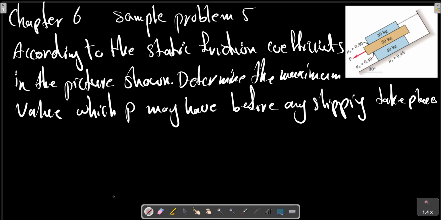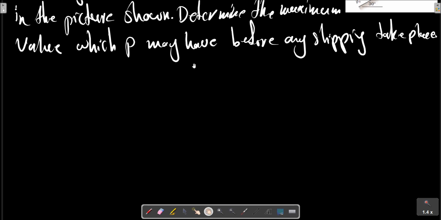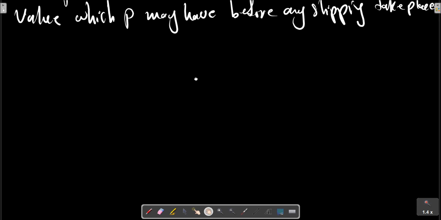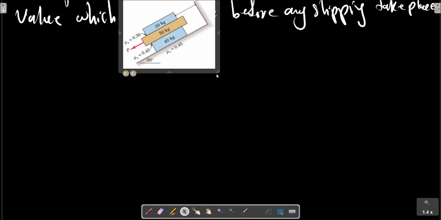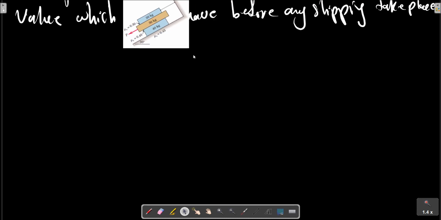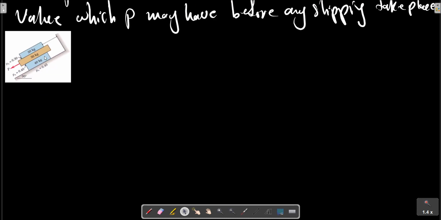Consider this picture again. We have 3 blocks. First, we assume that the middle block is impending to move down.